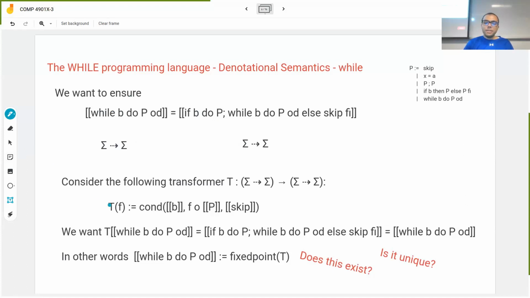Now, I'm going to define what we call a transformer. And it's not as cool as the original transformers. But anyway, this is a transformer that takes a function and gives me another function.